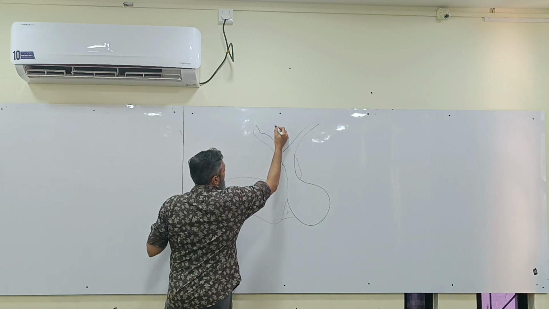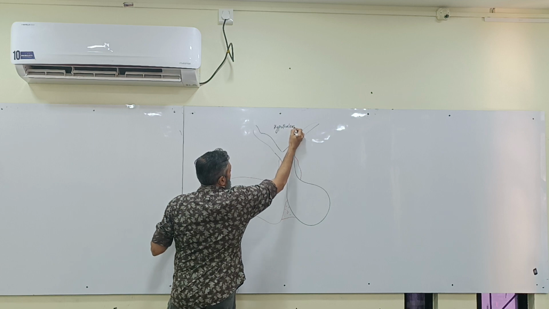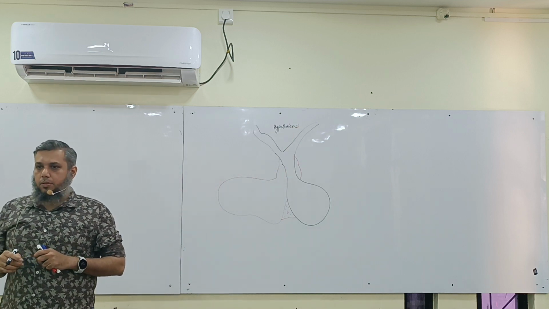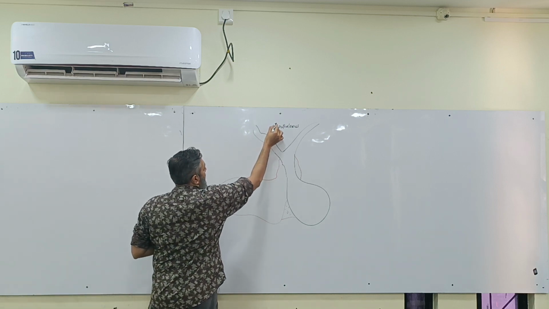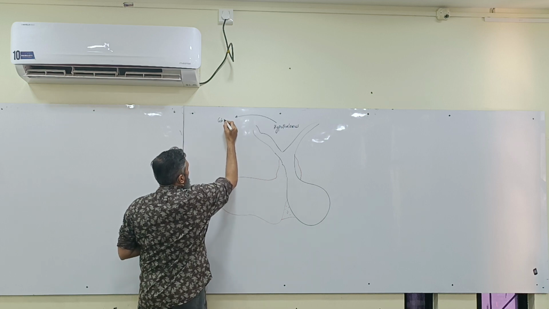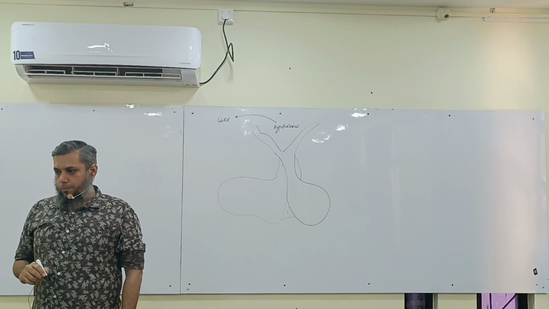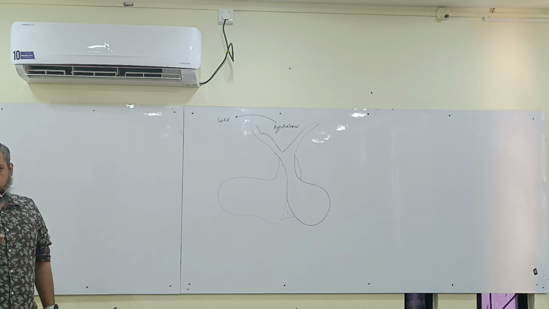So now we are saying that this region, let me call it Hypothalamus. And the hypothalamus secretes growth hormone releasing hormone. Okay? Growth hormone releasing hormone.